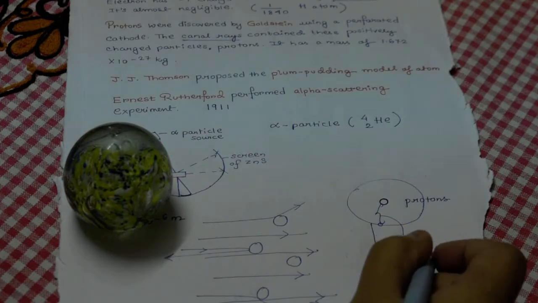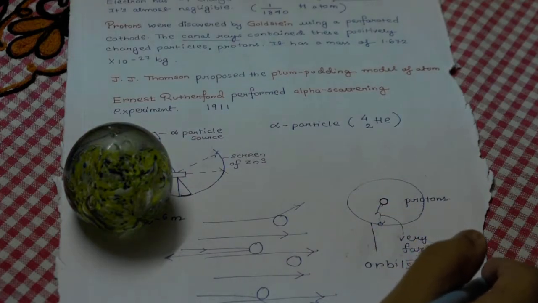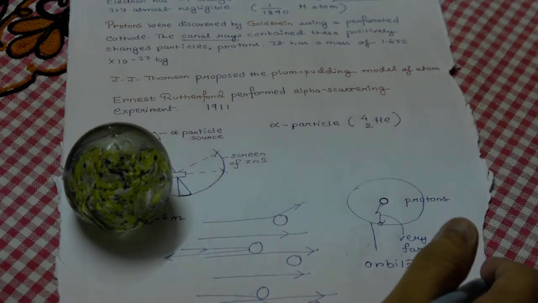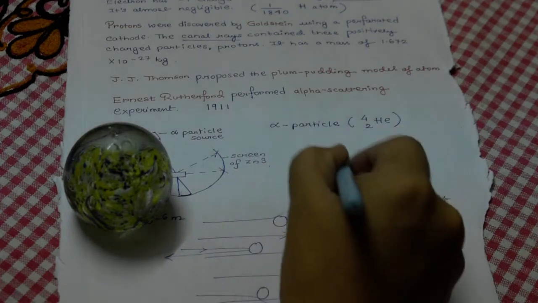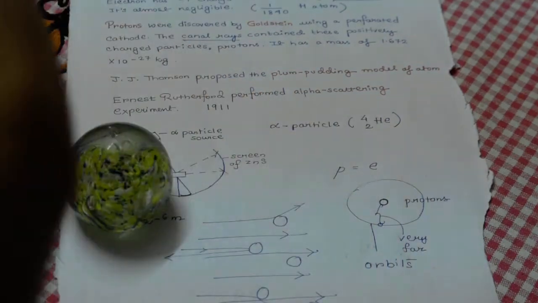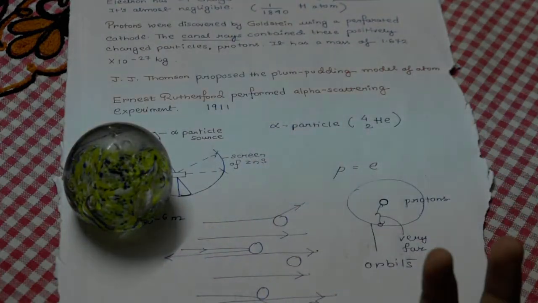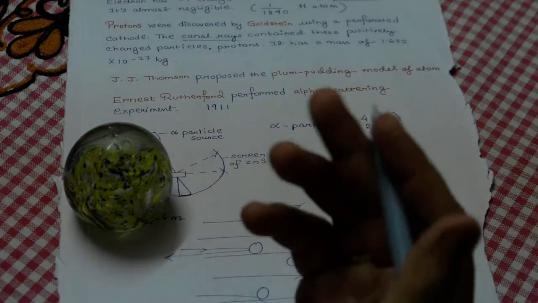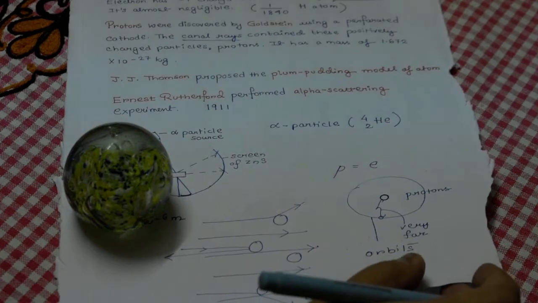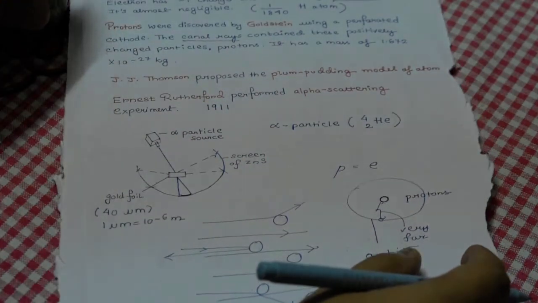As a result, Rutherford's model was also named the planetary model or the orbital model of the atom. And finally, as it was already known that an atom is electrically neutral, the number of protons must be equal to the number of electrons. So if there are 10 protons, 10 positively charged particles in the atom, there must be 10 electrons, or 10 negatively charged particles inside the atom.